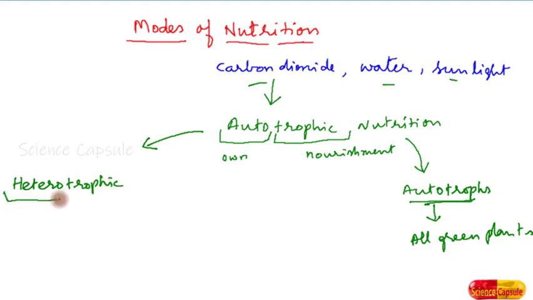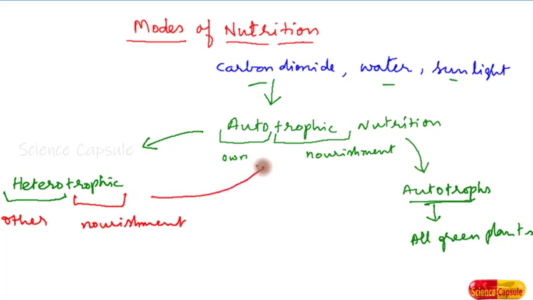And here hetero means other and tropos means, we know, nourishment, right? So here you understand this. Hetero means other. So for the nutrition process, these organisms depend on other organisms. Other organisms means they depend on green plants directly or indirectly.